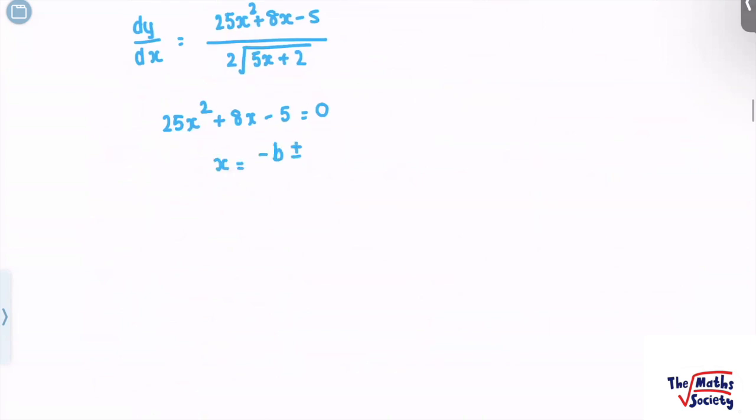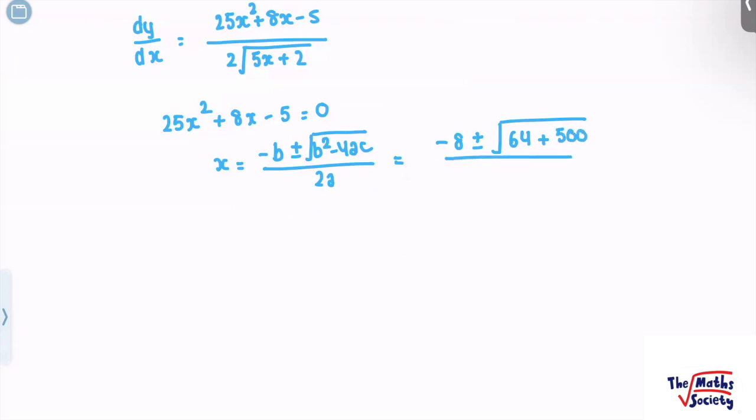Minus b plus or minus square root of b squared minus 4ac, divided by 2a. So that's minus b, which is minus 8, plus or minus square root of 64 plus 4 times 25 times 5, which is 500, divided by 2a, 2 times 25, that's equal to 50.